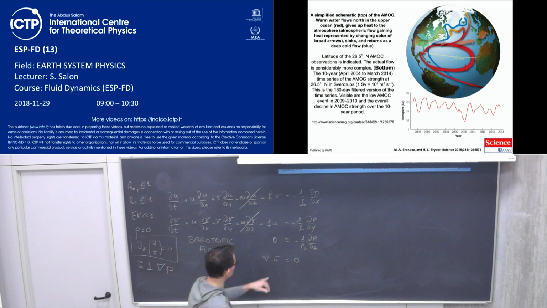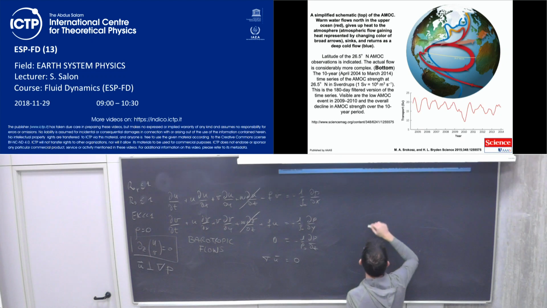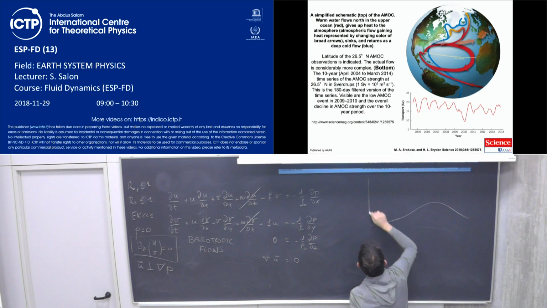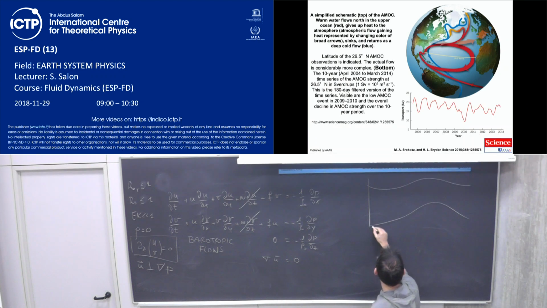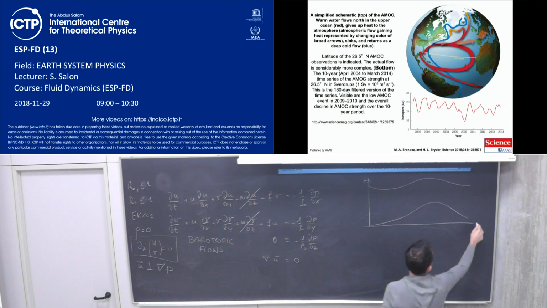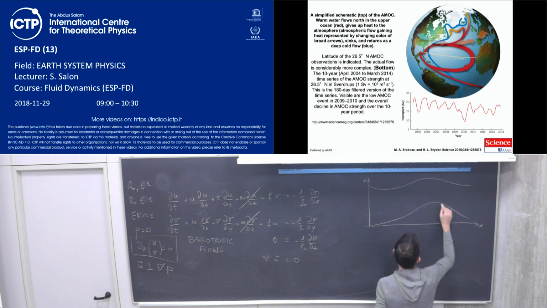So let's try to see what happens if we consider a condition similar to the previous one, again in a 2D view. We are considering a slice of, let's say, water or air. This is our bottom.